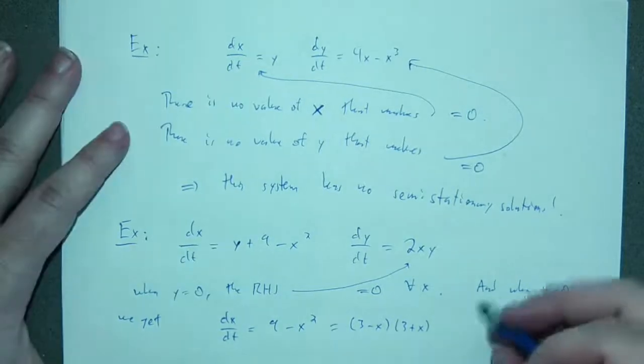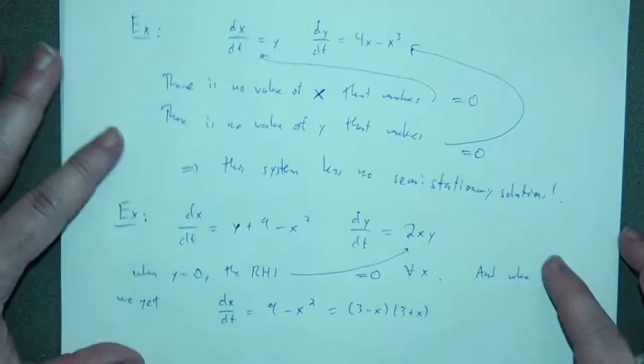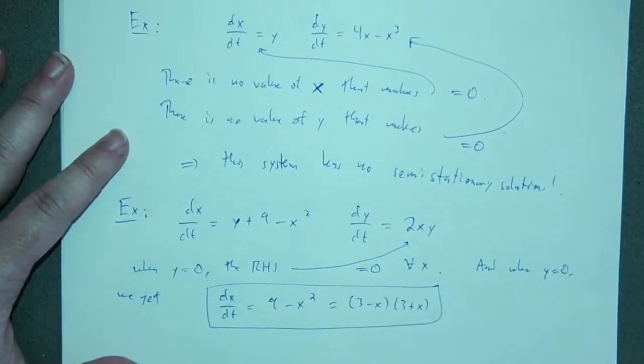What is the solution to this at some initial value x naught when t is equal to 0? So the solution to this autonomous equation, we can do this with chapter 1 stuff.